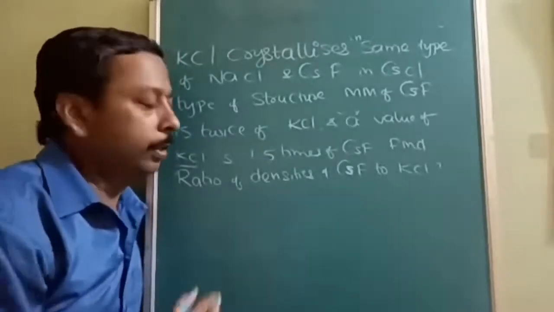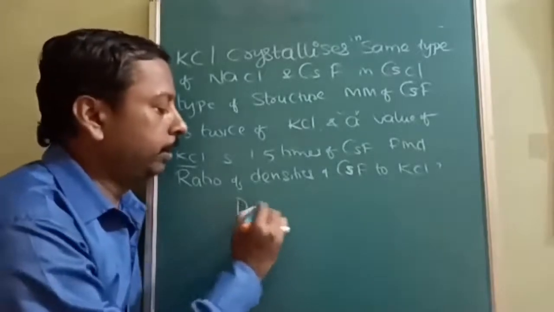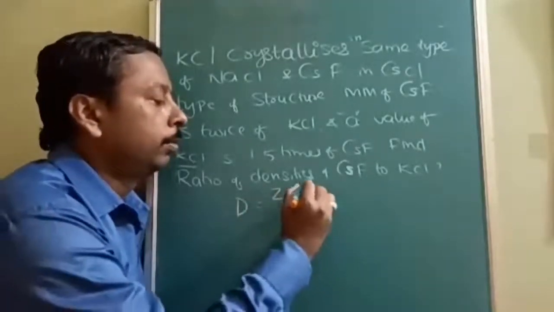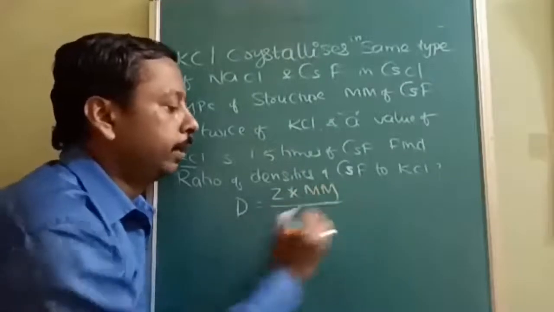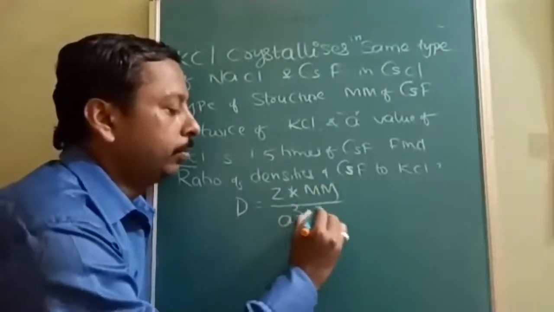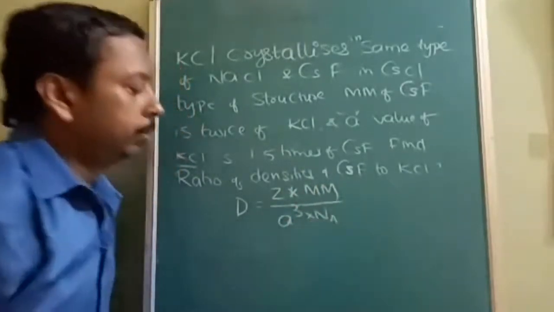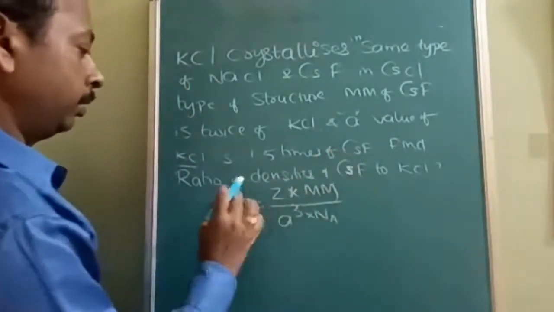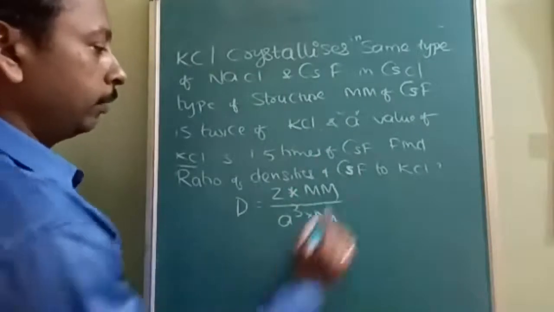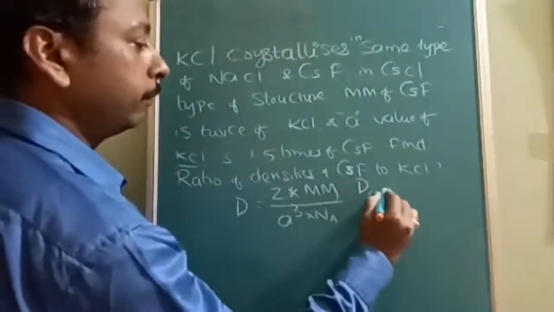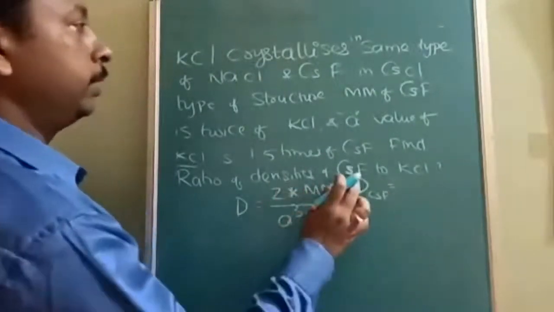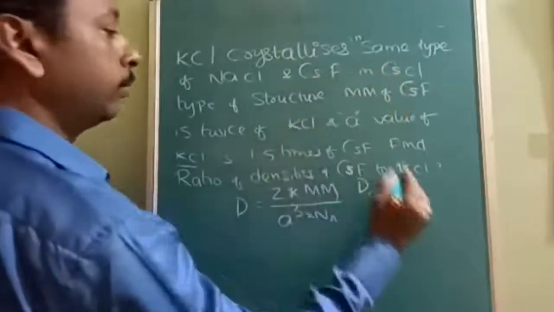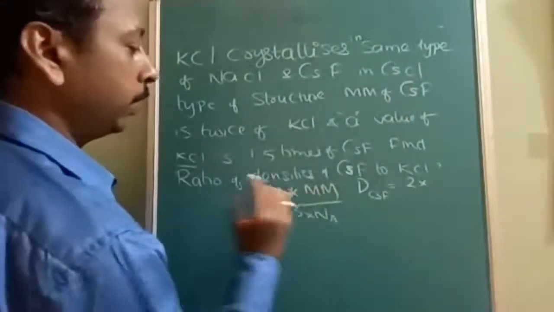Okay, now listen carefully. The density formula is Z into molecular mass divided by A cube into Na. Here we want the density of cesium fluoride. Cesium fluoride is of the cesium chloride type, so Z will be 2.